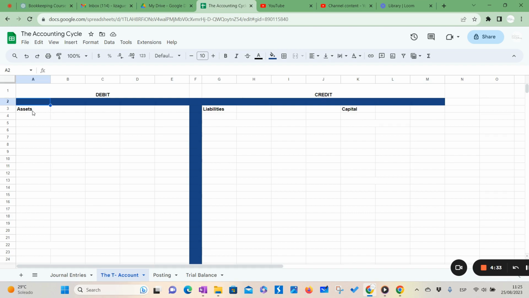So it consists of all the accounts under the assets, liabilities, and capital. So as you can see, the assets is on the debit side because the normal balances of assets and expenses are debit. So if you want to increase your assets, you'll have to debit it. And if you want to decrease it, you have to credit it.